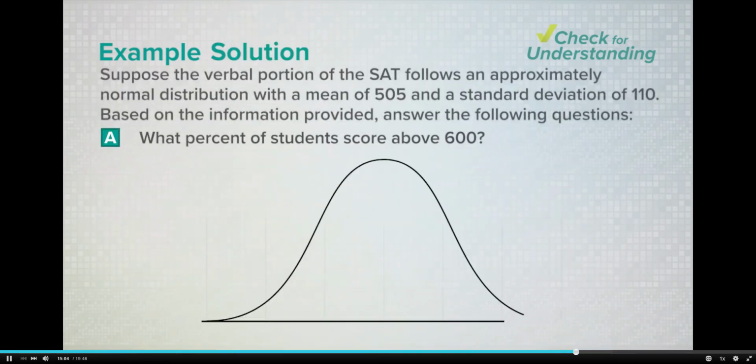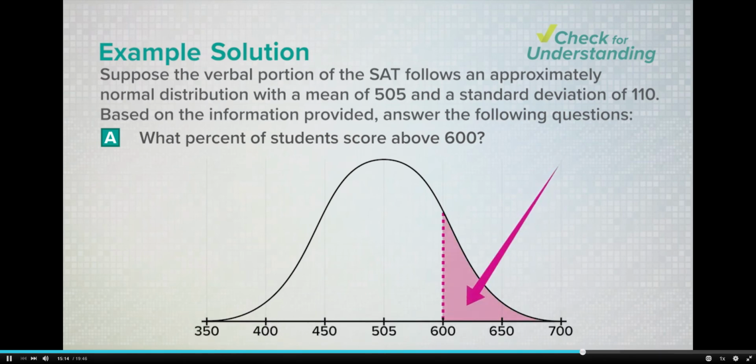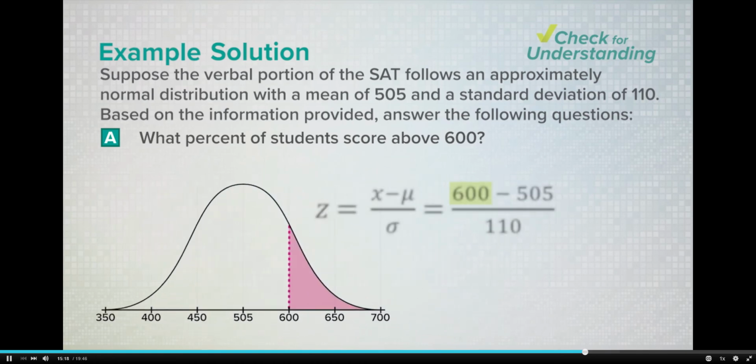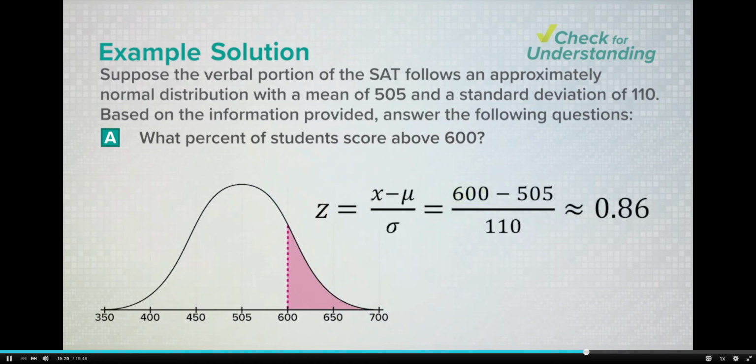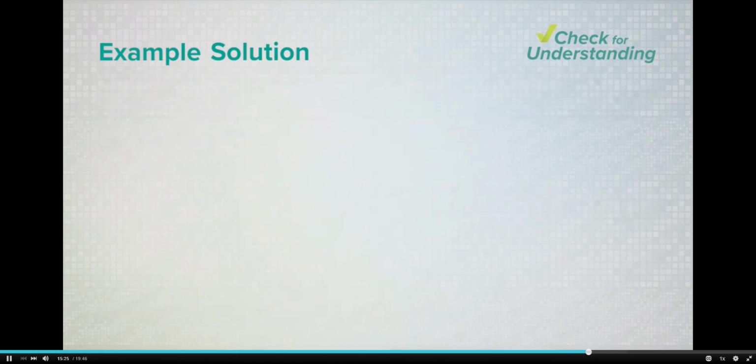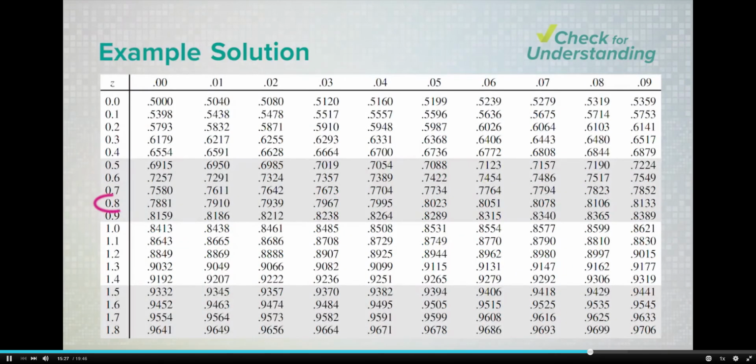Here's a check for understanding solution. Part A asks what percent of students score above 600. On my curve, I'll label 600 and shade above it, and that's the area that I need. I'll find my z-score for 600, which is approximately 0.86. Go to your chart, look up 0.8 on the side and 0.06 on the top.